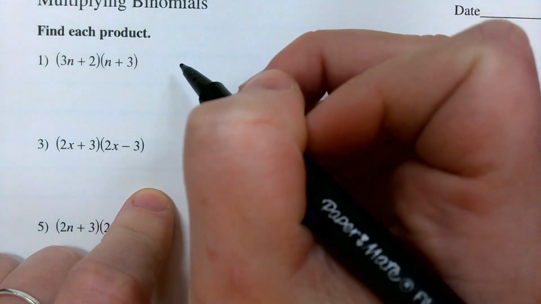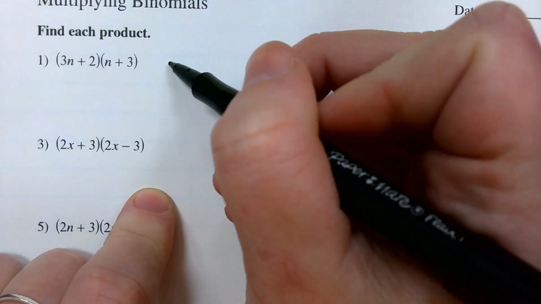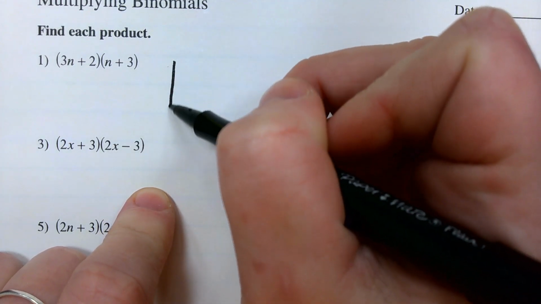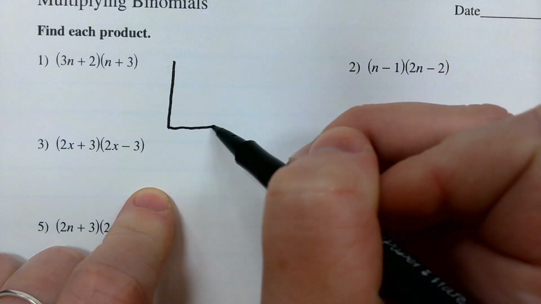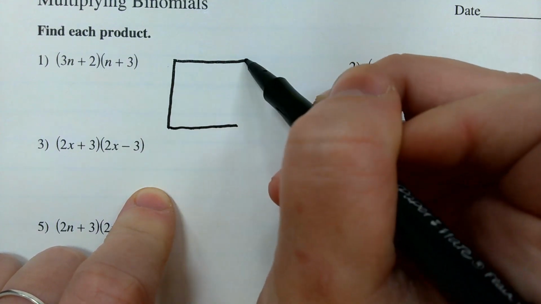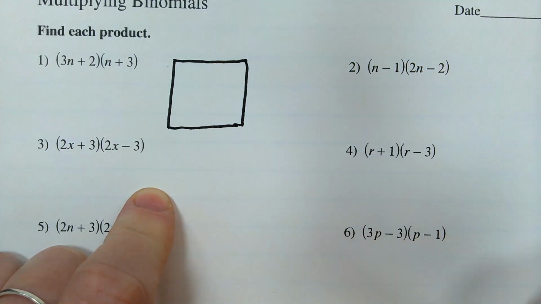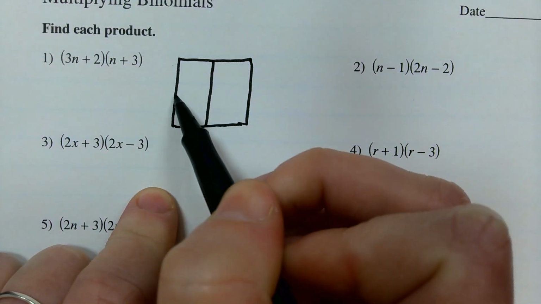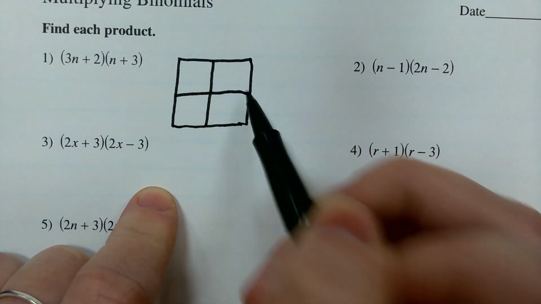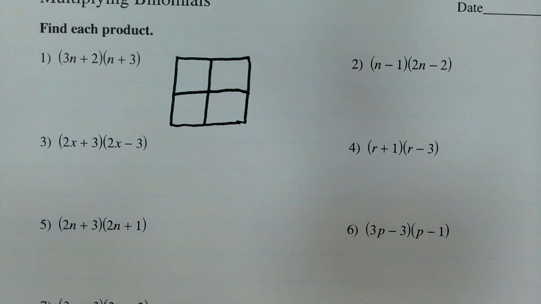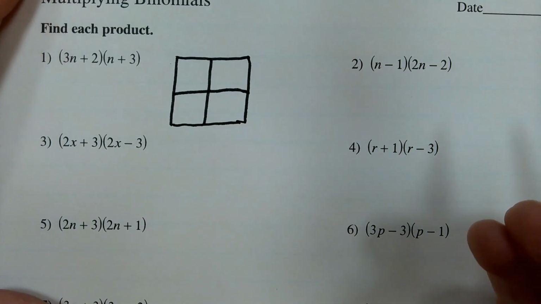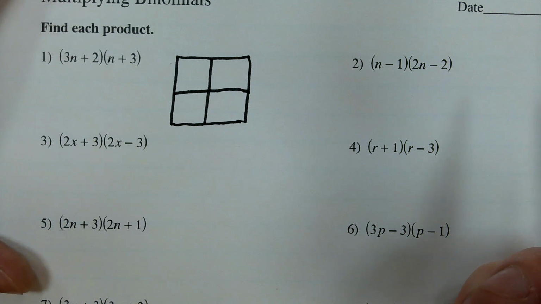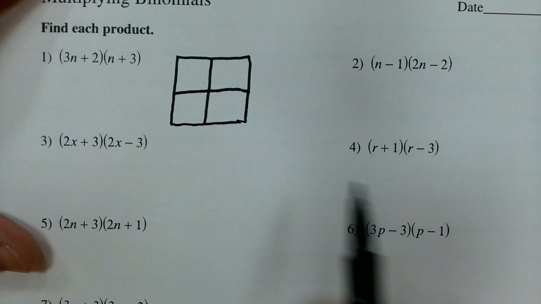So we're going to call this the box method. I would like everybody to start by drawing a box with 4 slots. So we draw a box, split it in half up and down, split it in half side to side, just like this. Once you've got your box drawn, here is what we're going to do.